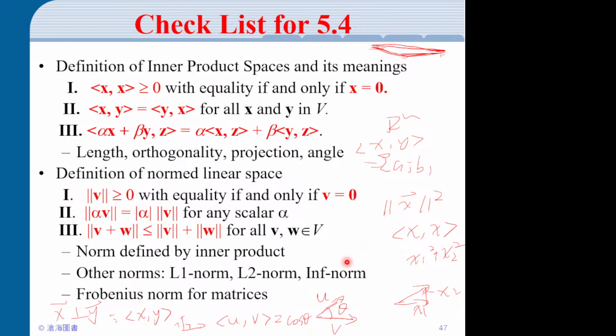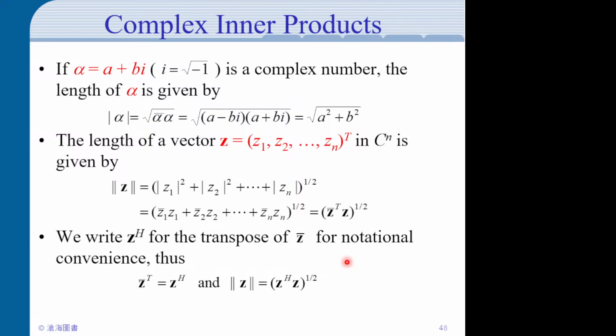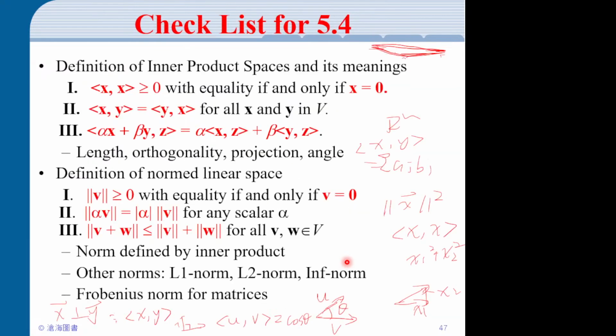So guys, that's a quick review for 5.4, and let's go on a little digression right now. We have been talking this whole course in a way such that the coefficients are real, so the a_i and b_i are real.